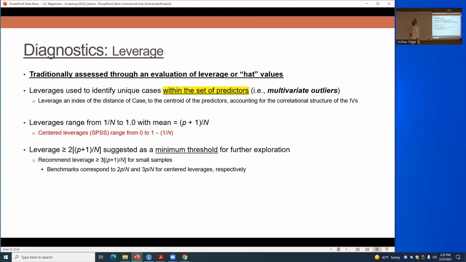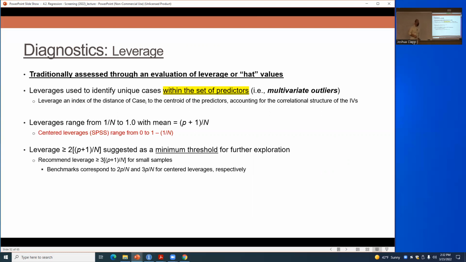In Stata, our standard leverages are going to range in value from 1 over the number of people in our sample to 1, with a mean of the number of predictors plus 1 divided by the number of people in our sample. Centered leverages, which is what SPSS produces, are a little bit different. These are going to range from 0 to 1 minus 1 over the size of the sample. So the upper and lower bounds for your leverages are going to depend on the number of people you have in your sample and the number of predictors that you have.